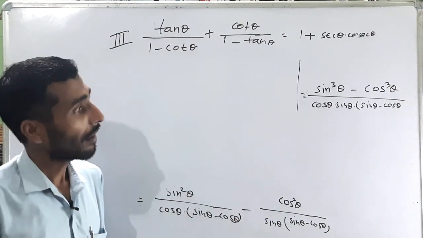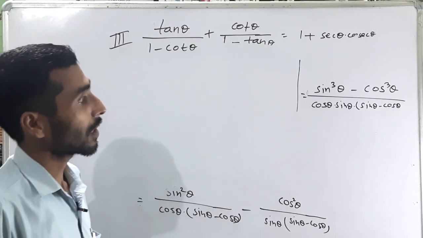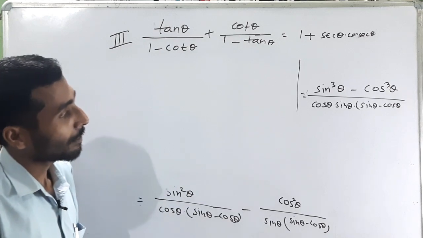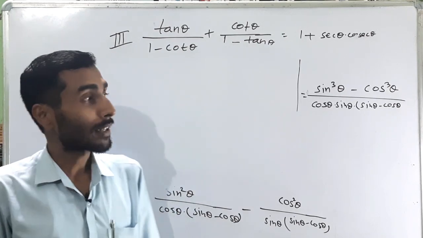Do you remember the formula of a cube minus b cube? The formula is (a minus b) into (a square plus ab plus b square).